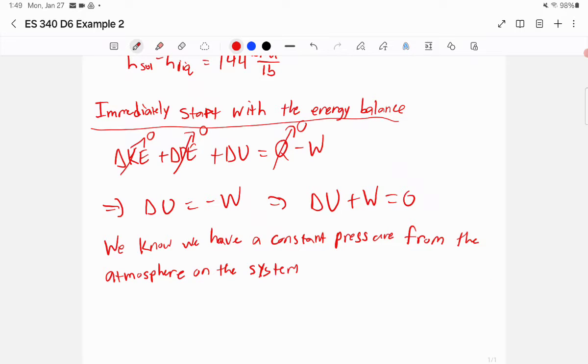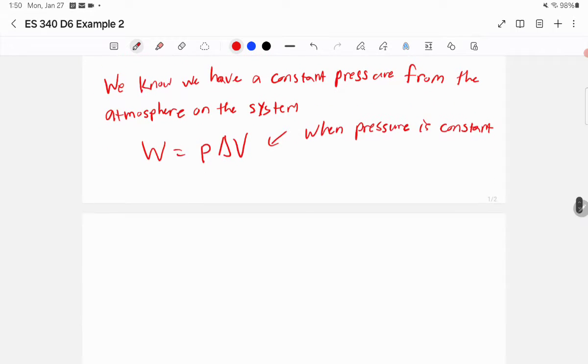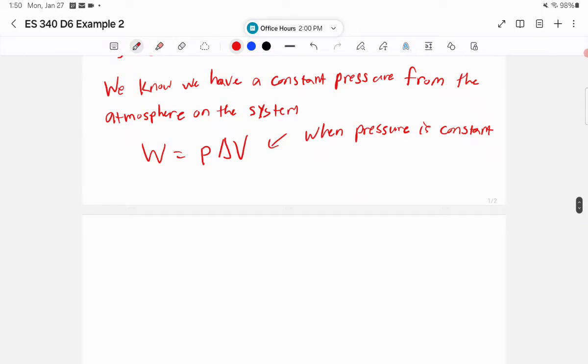So that means that the work must be equal to the pressure times the change in volume. Remember, when pressure is constant, we do the integral, you can pull the constant p out, and that's what you come up with. So this means that delta U plus P delta V is equal to 0.